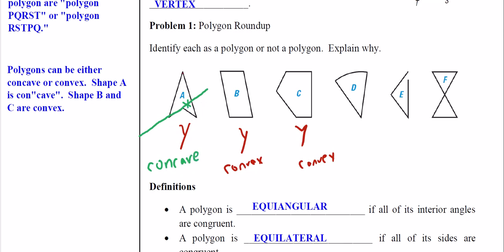So for example, if I do this with C, if I made this a line, it never goes on the inside. Or if I made this a line, it never went on the inside of the shape. Or if I drew a line through this one, it doesn't go through the shape. Same thing with this one, same thing with this one. So if we extend every side into a line and it actually runs into the inside, then it's concave. Otherwise, if you want to just recognize that it caved in on itself, then it's concave.